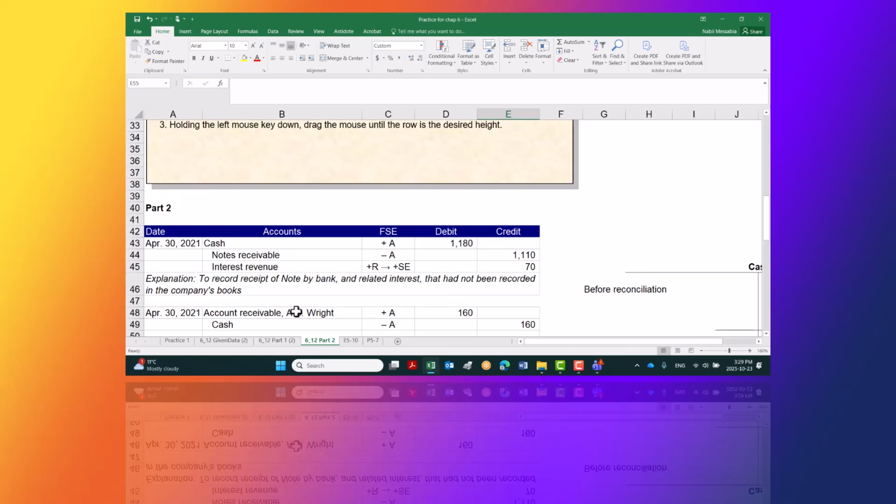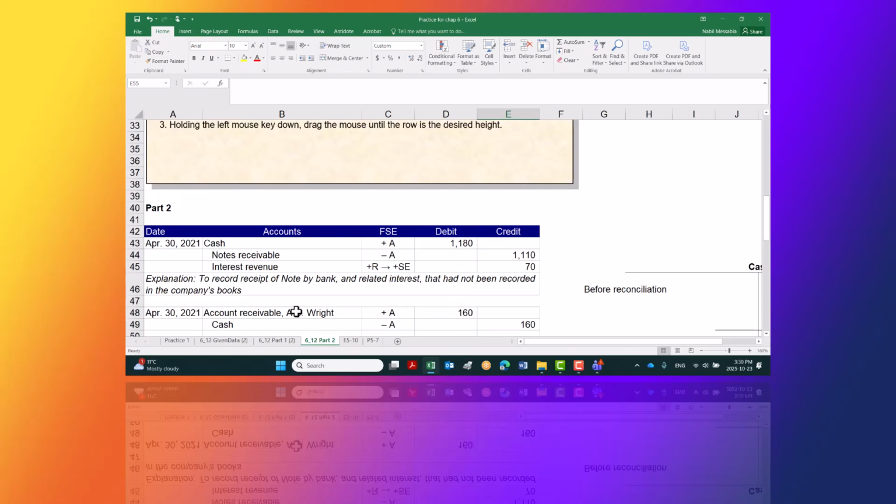We need 3 documents: the bank statement on one side, on the other side what is in our books, and a narrative, a list of additional information where they are going to tell us stories about NSF, about collection, about errors, right?